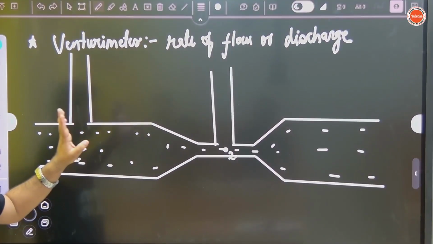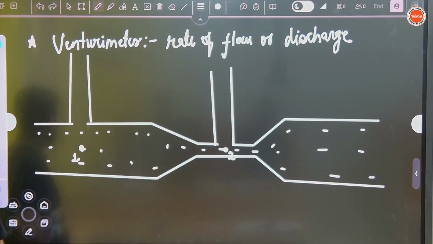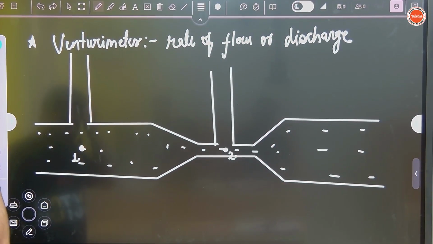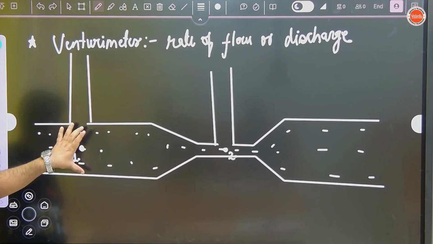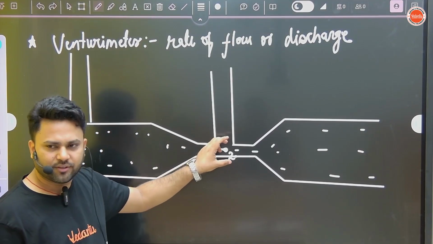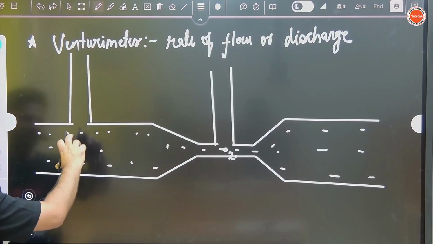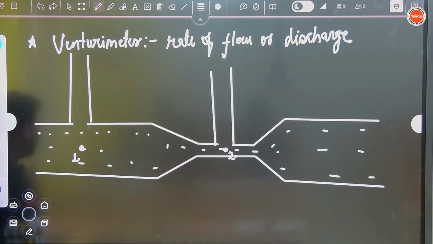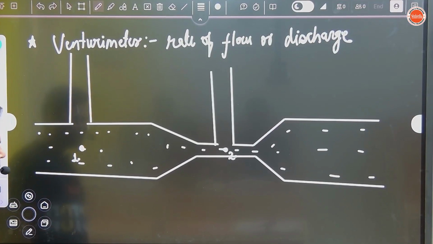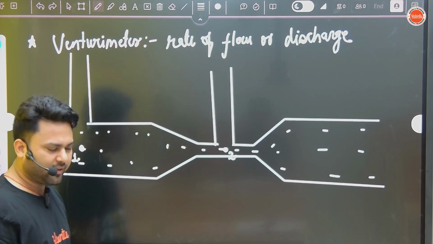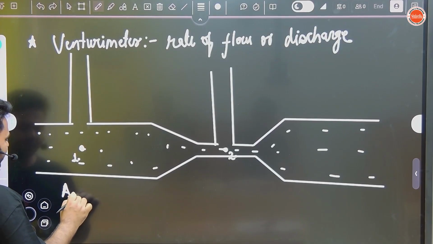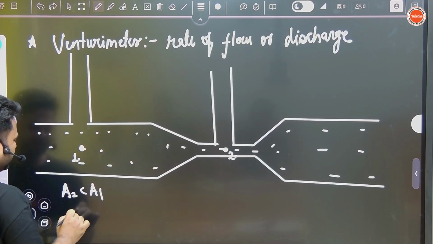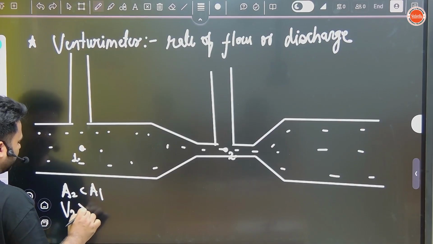Section 1 is broader, section 2 is narrow. So if the area is more, the velocity of the liquid will be less here, and the velocity of the liquid will be high here. Area 2 is less than area 1, that's why velocity 2 will be more than velocity 1.